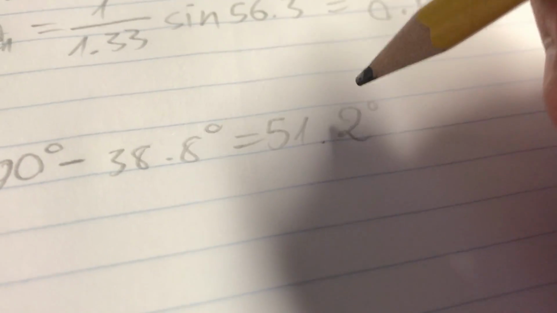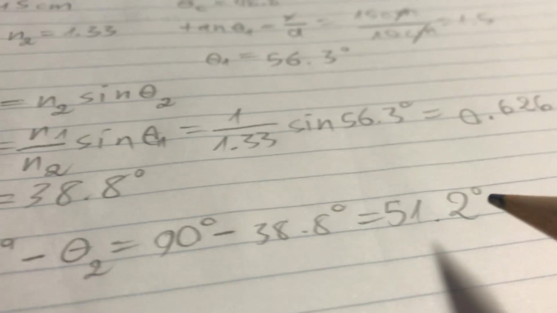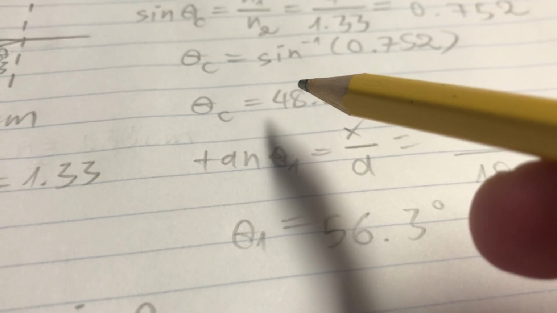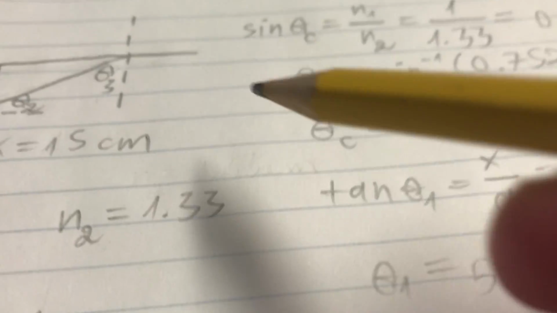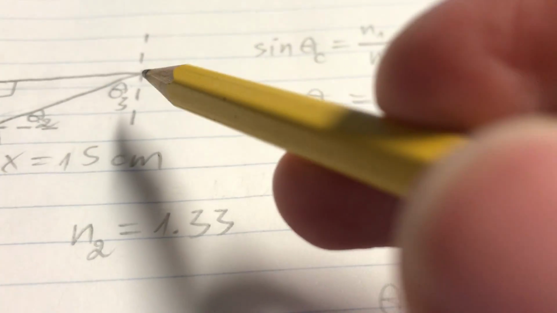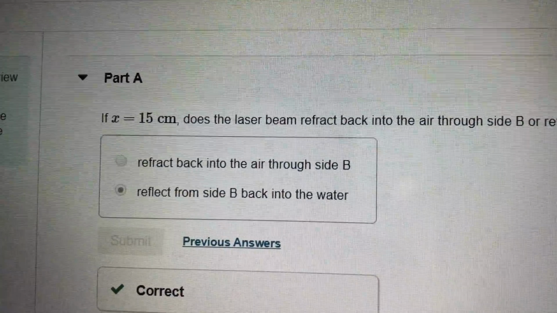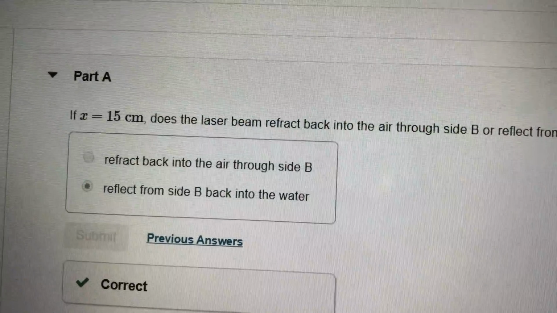So in this case theta 3 is 51.2 degrees, while the critical angle is only 48.8 degrees. Theta 3 is larger than the critical angle, therefore the light will be reflected back into the water instead of refracted out to the air, and that is the correct answer to this question. The light is reflected from side B back into the water.